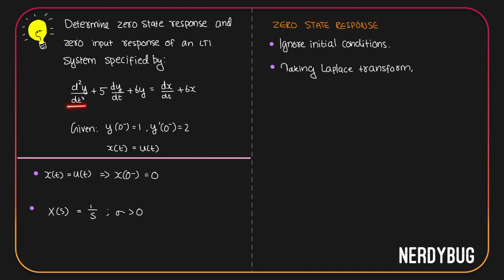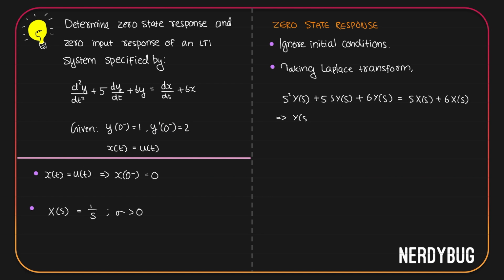Laplace transform of d square y by dt square, ignoring the initial conditions, will be s square Y of s plus 5 times Laplace transform of dy by dt is s Y of s plus 6 times Laplace transform of y of t, 6 Y of s. This is equal to Laplace transform of dx by dt is s X of s plus 6 times Laplace transform of x of t, X of s.